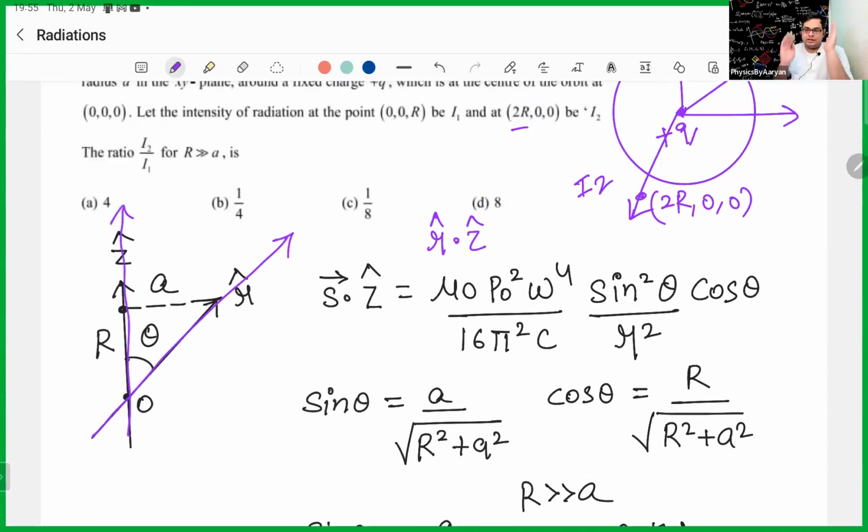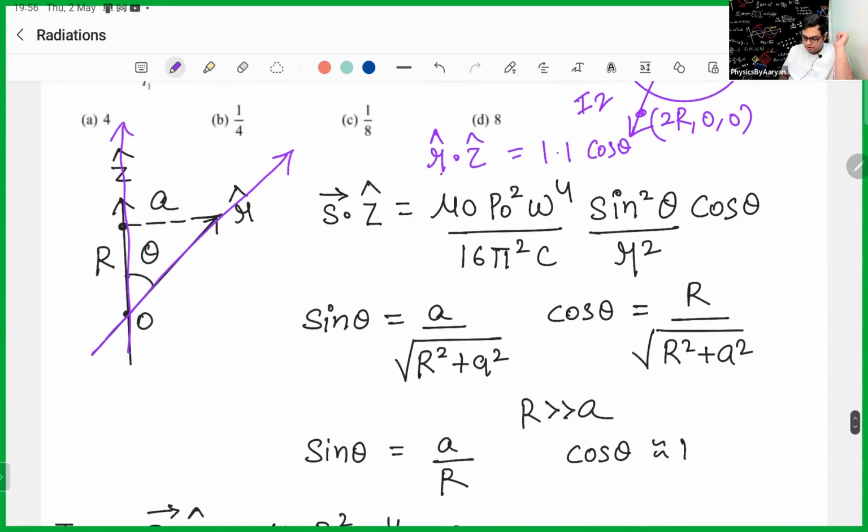What is the angle between r and z? You tell me. Theta. This is how we define theta. Theta is the angle between z and r. So if you do r dot j, the magnitude of r is 1 because it's a unit vector, the magnitude of j is 1 because it's a unit vector, and you get cos theta. That is why you see a cos theta here.